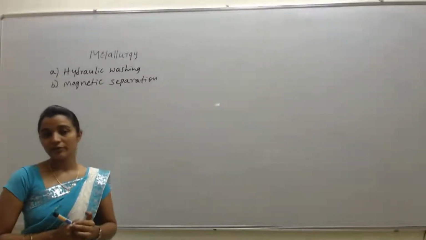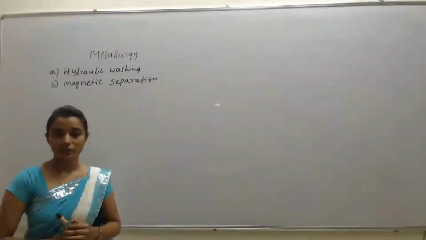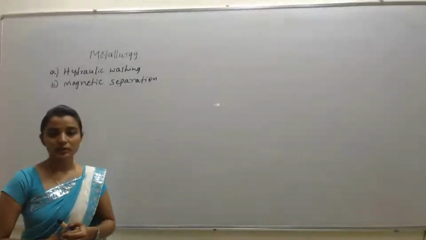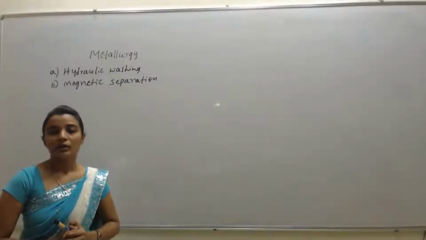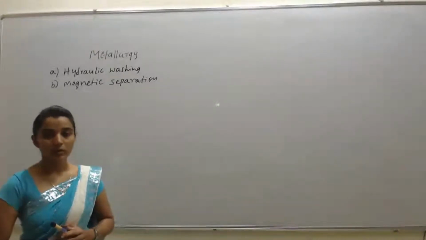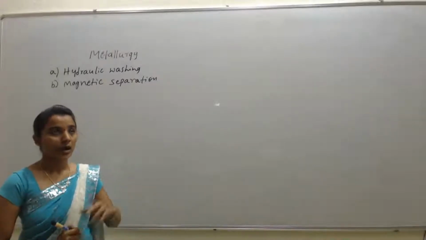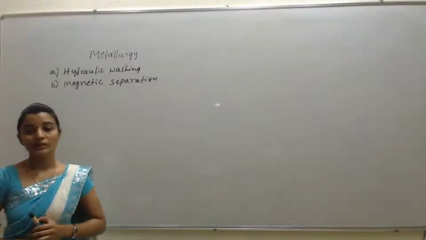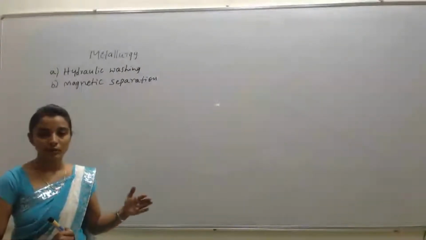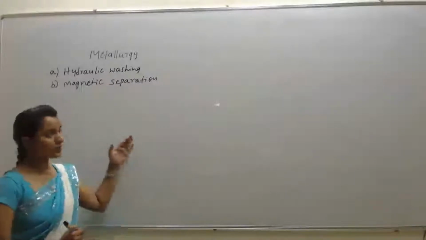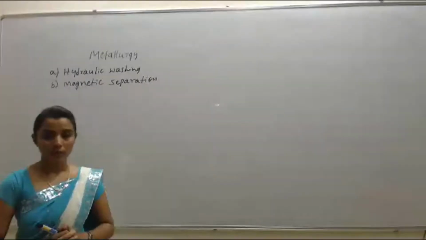Iron is a ferromagnetic substance, which means it is strongly attracted by the magnetic field, so it is collected nearer to the magnetic roller, where the powdered ore is carried by the conveyor belt around the magnetic rollers. The gangue particles are less affected by the magnetic field and fall somewhat away from the roller. By this principle, we can easily separate gangue particles from ore particles.